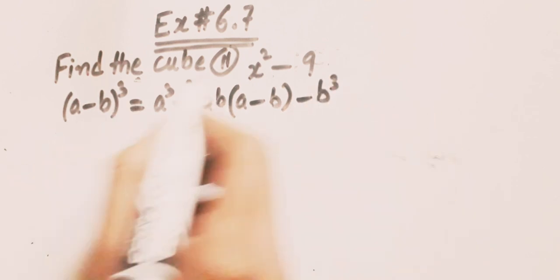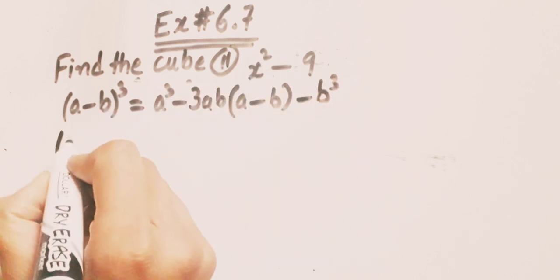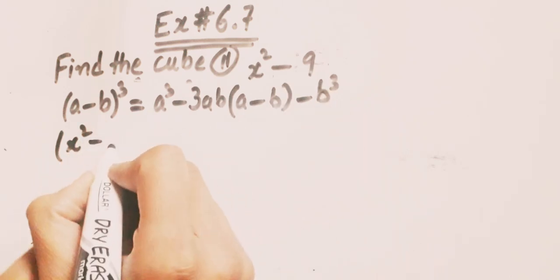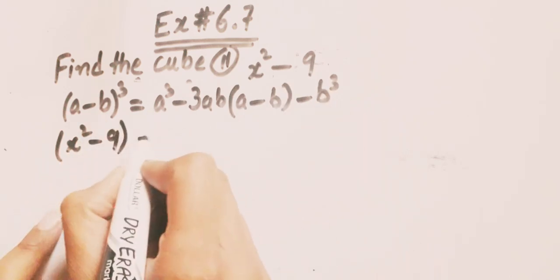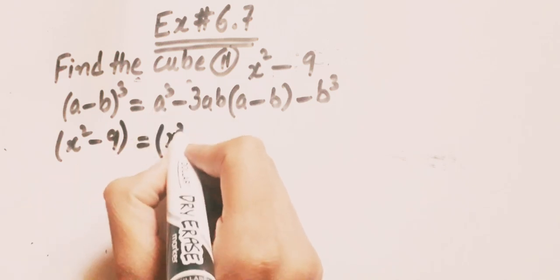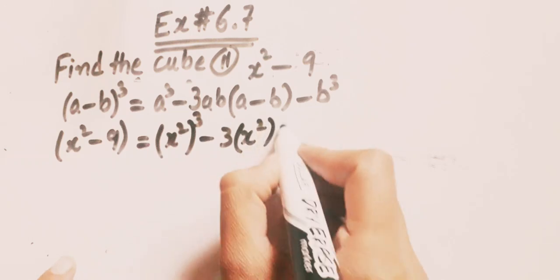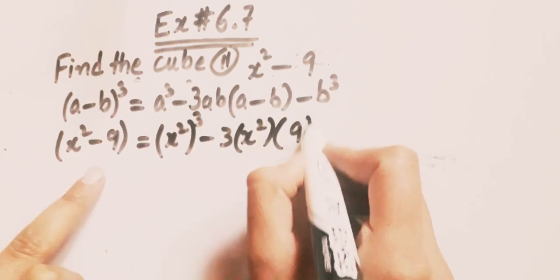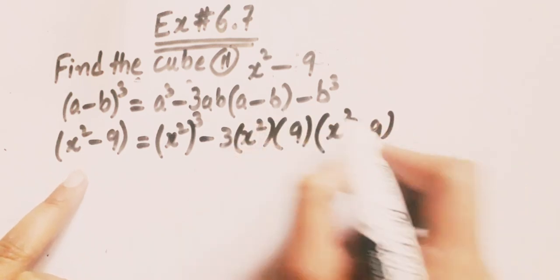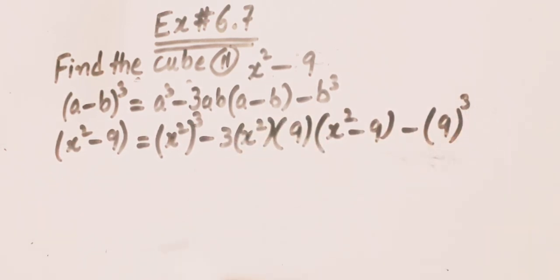So here a is x square and b is 9. So a cube means (x square) cube minus 3 into x square, b is 9, into (x square minus 9), a minus b, minus 9 cube.